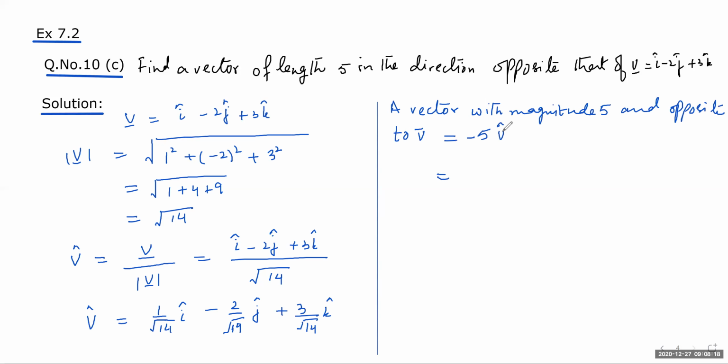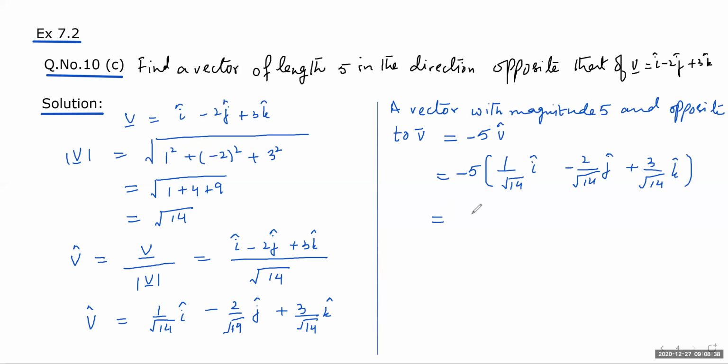So just put in the value of unit vector V: minus 5 into 1 by square root of 14 into unit vector i, minus 2 by square root of 14 into unit vector j, plus 3 by square root of 14 into unit vector k.